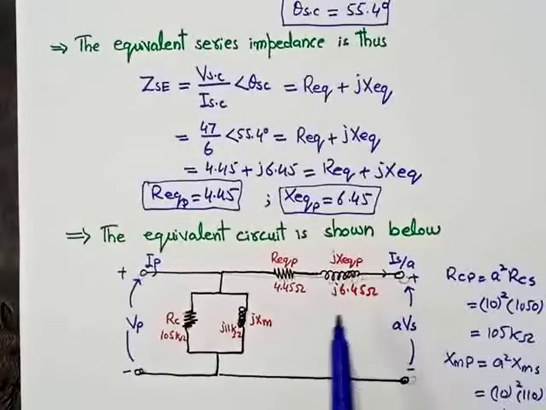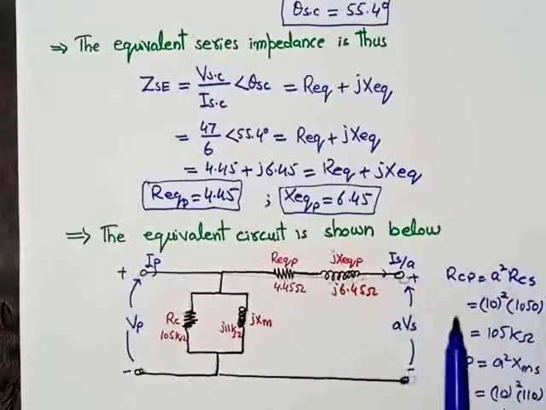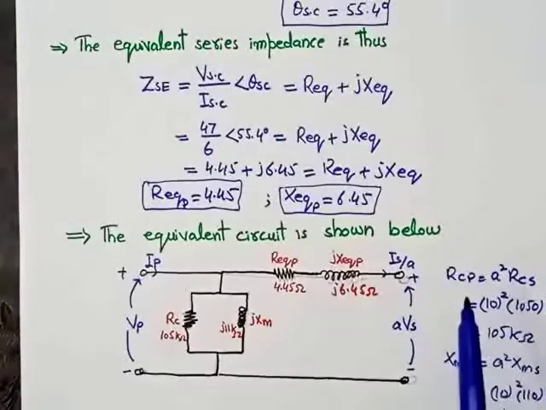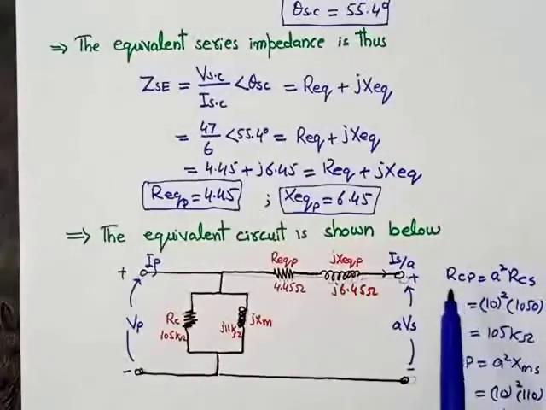As we have already found the values of RC and XM with respect to the secondary side of the transformer, and as we will draw the circuit referred to the high voltage side or primary side, it means first of all we will convert the values of RC and XM from secondary to primary.